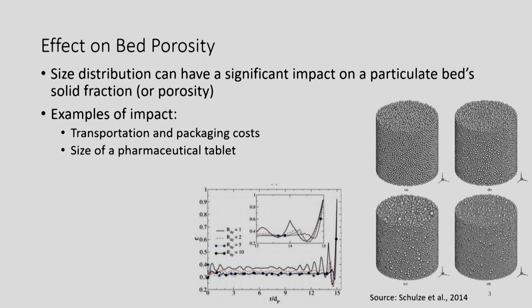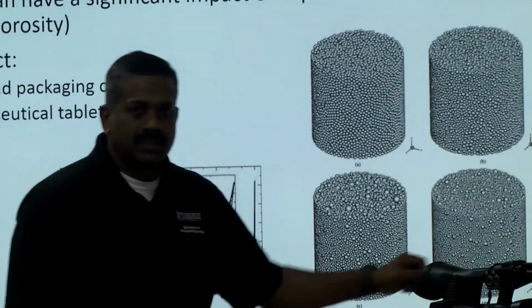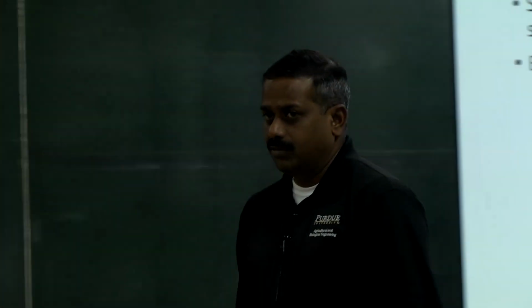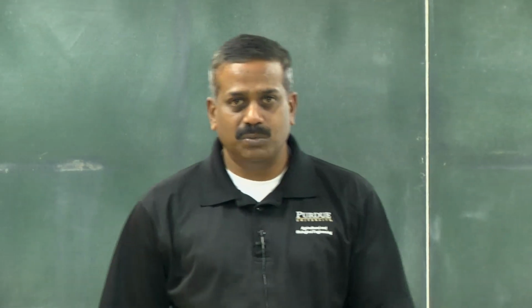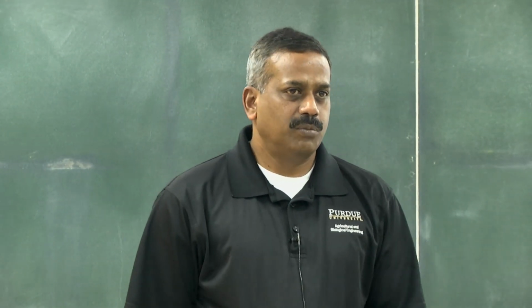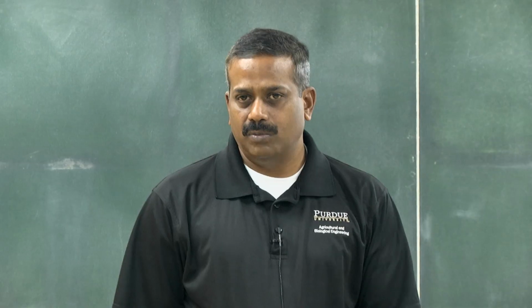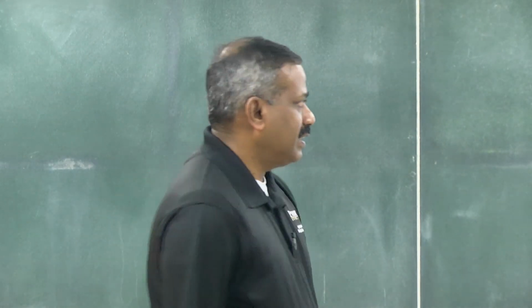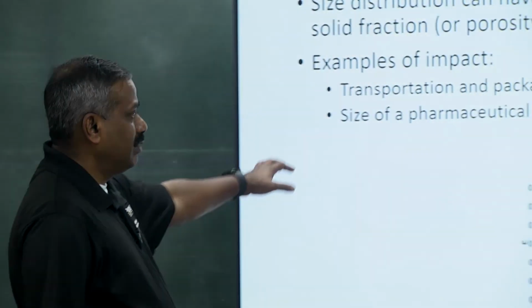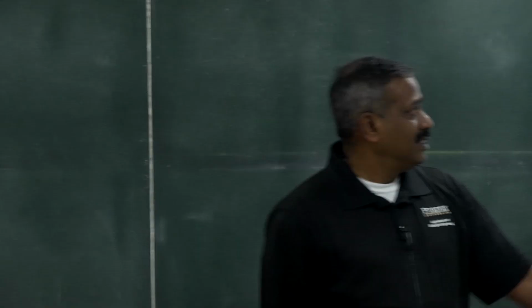If it's of similar sized particles, in general the porosity is high, but if you have a large varied mixture with a distribution of particles, large size to medium size, small size, etc., then the overall bed porosity will be smaller. This porosity will definitely influence transportation and packaging, right?